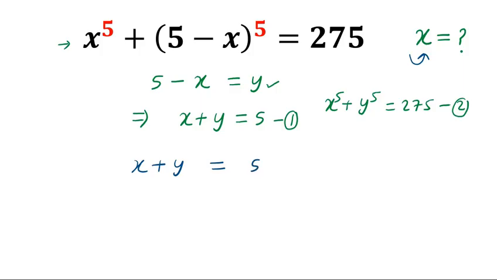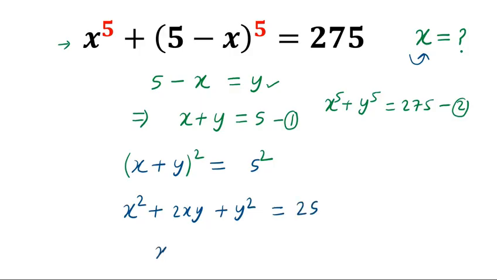If we square both sides, in the left hand side we apply (x + y)^2, and we know that (x + y)^2 is x^2 + 2xy + y^2, equal to 5^2, which is 25.